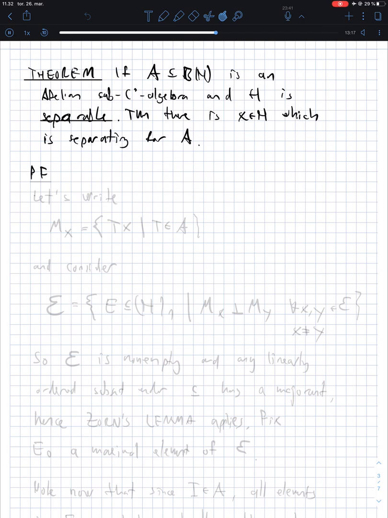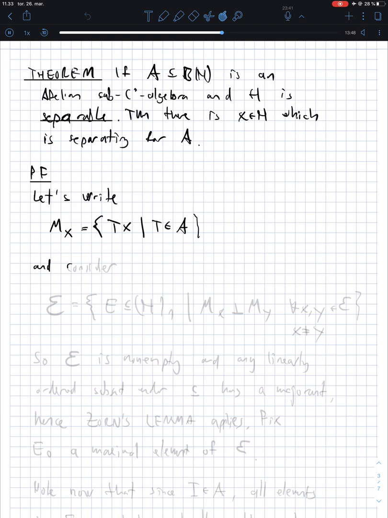So proving this is a Zorn's lemma argument. So let's write Mx to be elements of the form Tx, where T comes from A. So these are the kinds of subspaces we've looked at before.